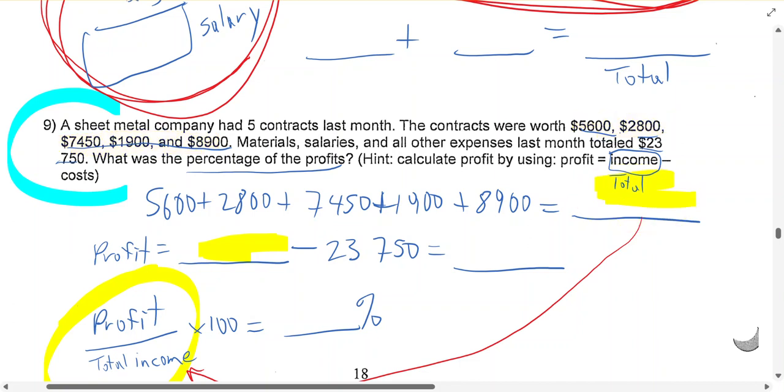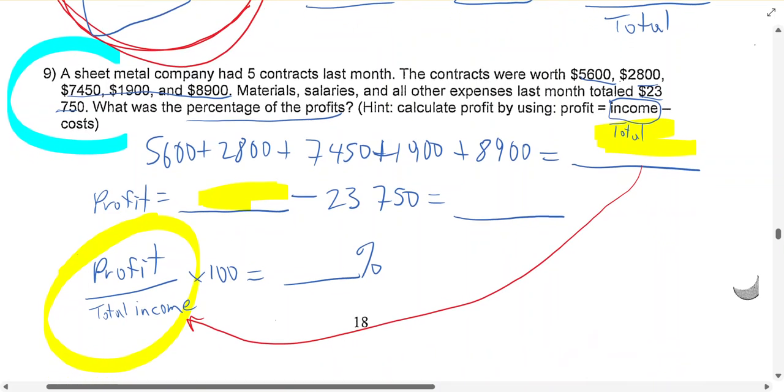To figure out the profit, you take your total, take away your expenses, and that equals your profit. So total minus expenses equals your profit.